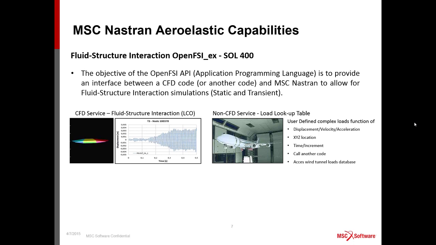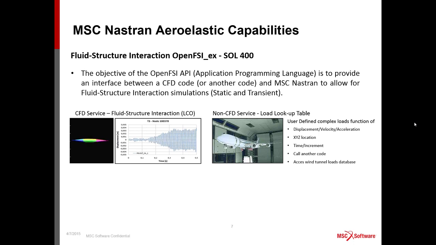For example, if we want to use a table in which we have already defined the load that we want to pass to the structural solver. In this case, for example, of a load lookup table, we can couple Nastran dynamically to a table in which, at each time step or at each increment, we can look at the load, pass it to Nastran and solve again, okay?